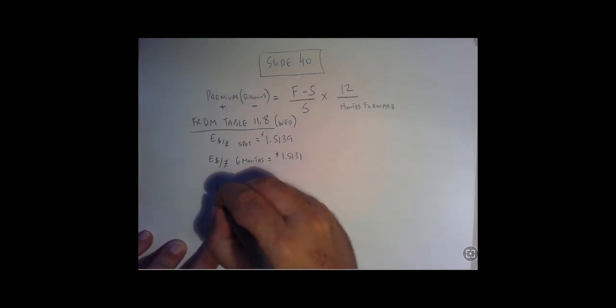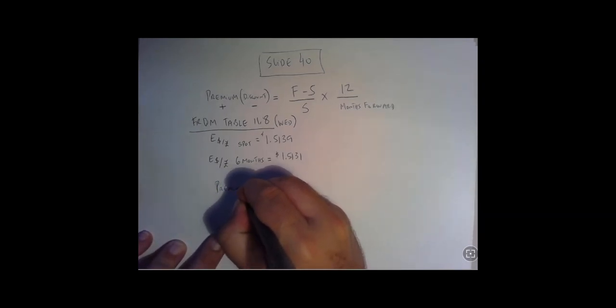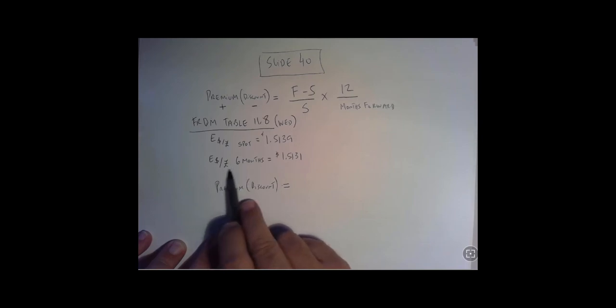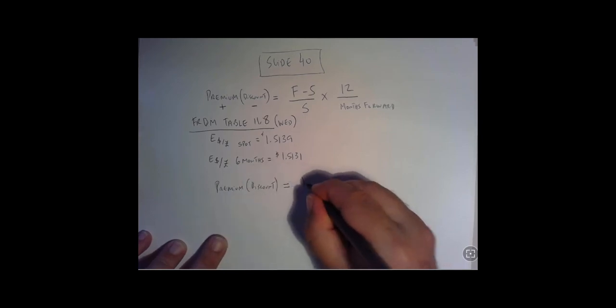The premium or discount would be equal to the forward rate, the 6 months forward, 1.5131 minus the spot rate, 1.5139, divided by the spot rate, 1.5139, times 12 divided by the 6 months.